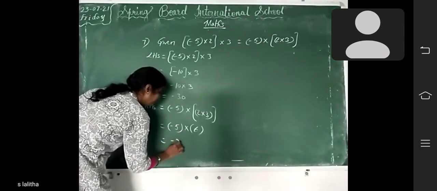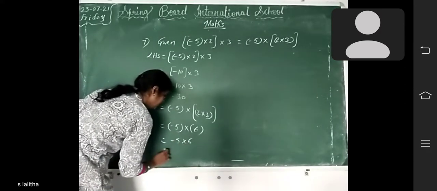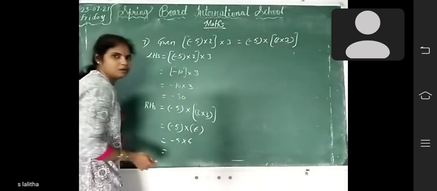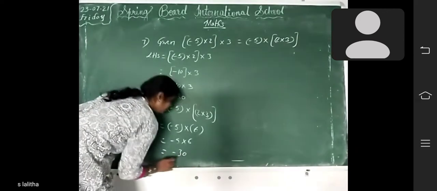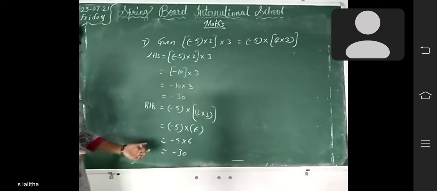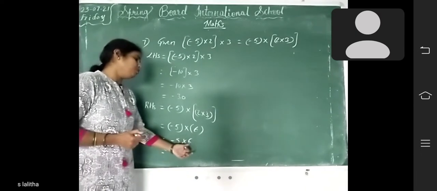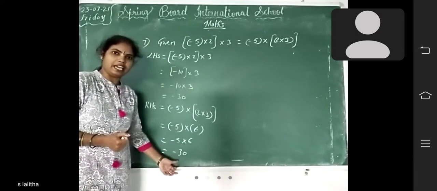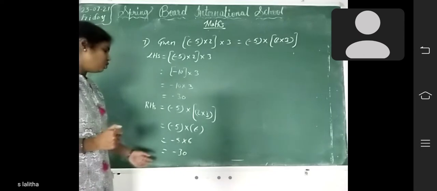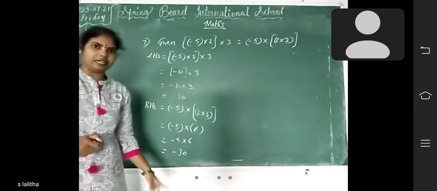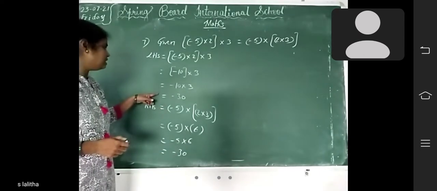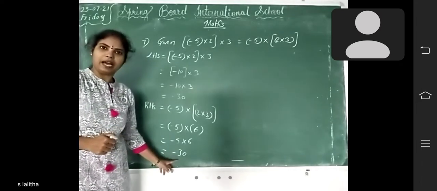Now remove the brackets. Minus 5 into 6, how much? Minus 30. We already learned that a negative integer into a positive integer gives a negative product. So 5 sixes are 30, minus 30. Now look here, LHS minus 30, RHS also minus 30.